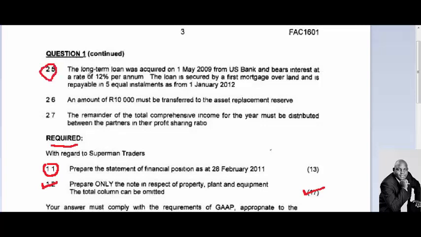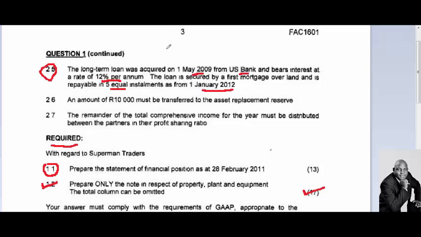Now there's a long-term loan that was acquired on the 1st of May 2009 from US Bank, and bears interest at a rate of 12% per annum. The loan is secured by first mortgage over land and is repayable in 5 equal installments as from 1st Jan 2012.